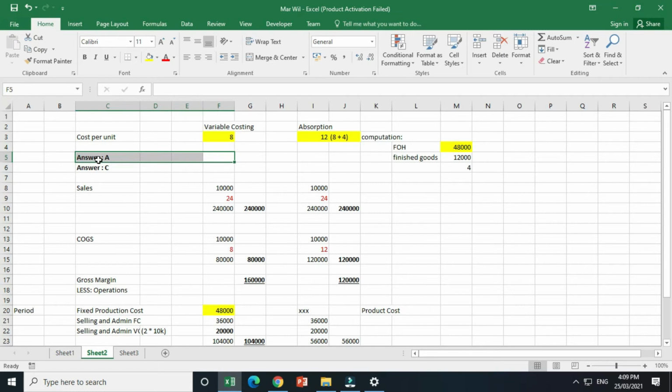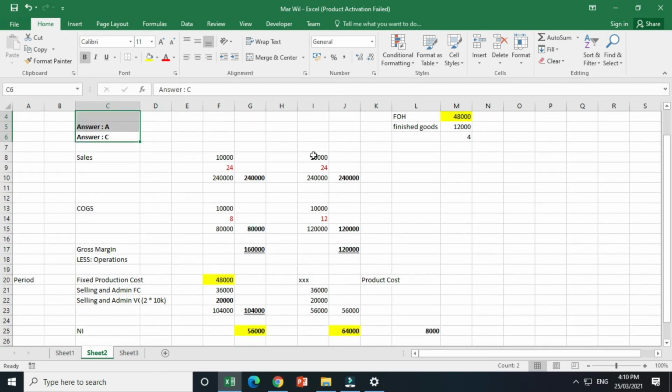Okay, this is a gimme question, A. And then we merely divide 48,000 fixed overhead by 12,000 in order to get the fixed cost per unit, and add that to 8 so we can get 12 as the cost per unit under the absorption costing method. So the answer is C.